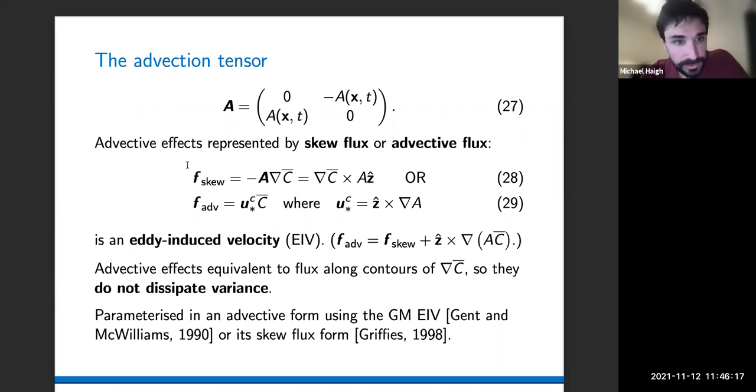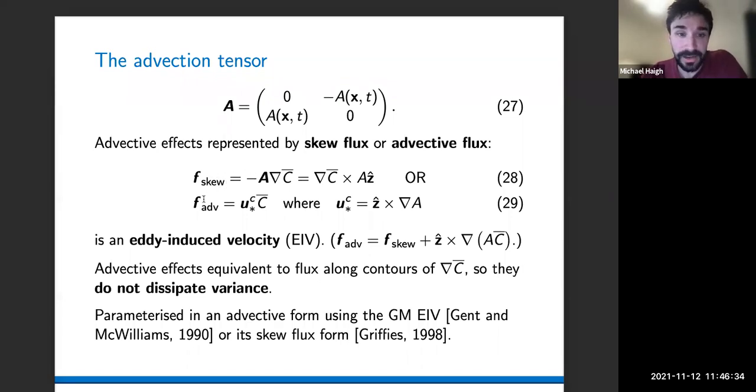The most direct way to represent these advective effects is by simply taking the product of the advection tensor with the large-scale tracer gradient, with a minus sign again, to get the skew flux. It's called a skew flux because it's perpendicular to the large-scale tracer gradient.